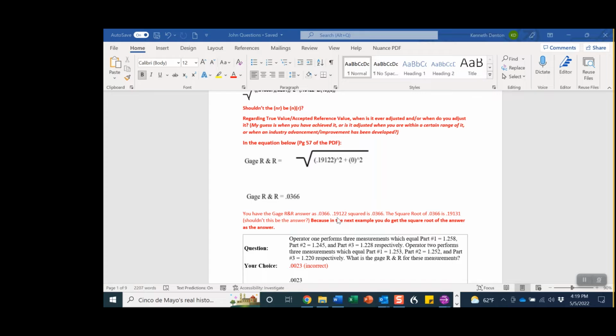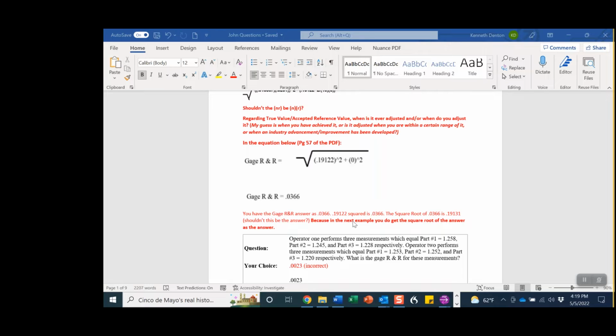I mean, you can do it with your calculator. 0.19122 squared gives you 0.0365, correct? 0.0366 if you round up. Now just take the square root of that number. Okay, that gives you 0.19122.